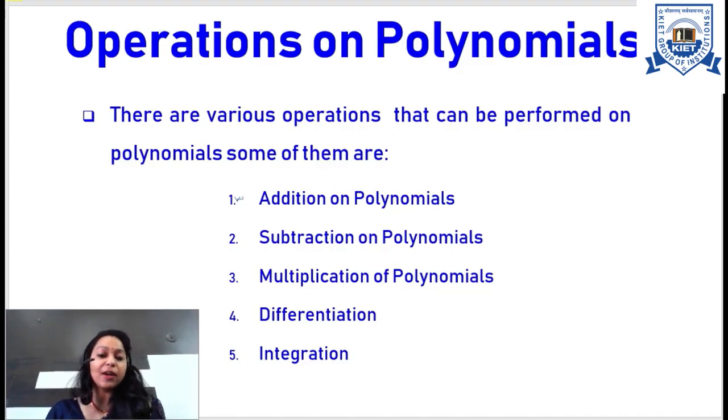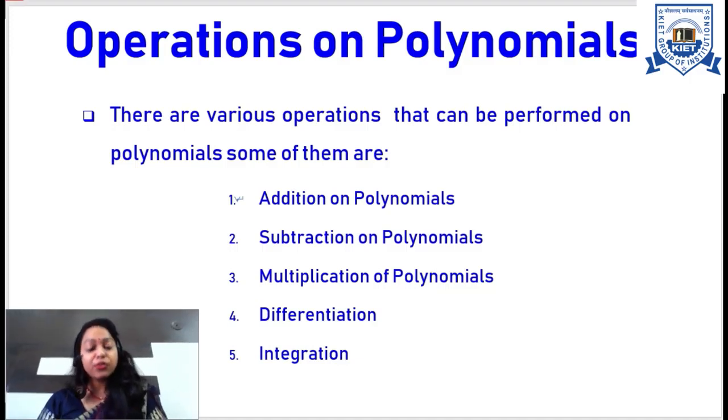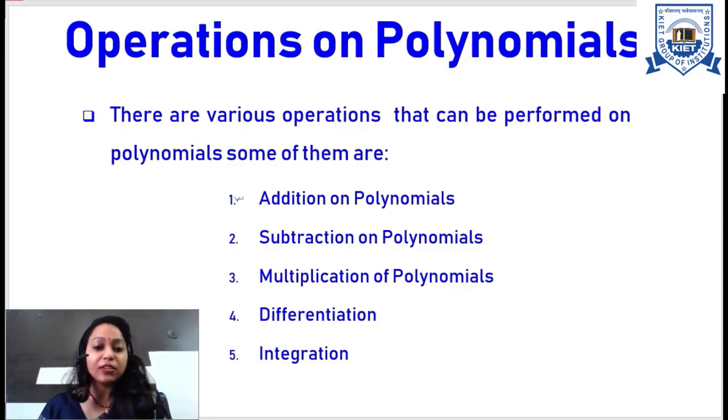We have already studied in our previous lecture that there are different operations that are performed on polynomials. Some of the operations can be addition of polynomials, subtraction, multiplication, differentiation, integration. Okay, so we will be starting with the first operation, that is addition of polynomials.